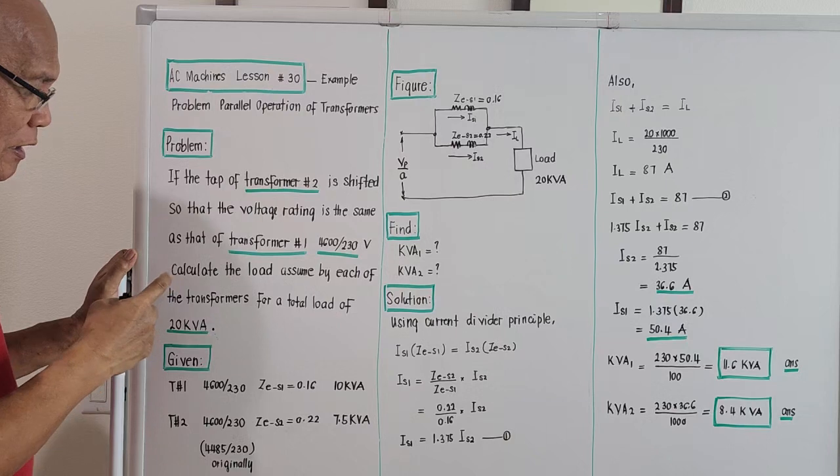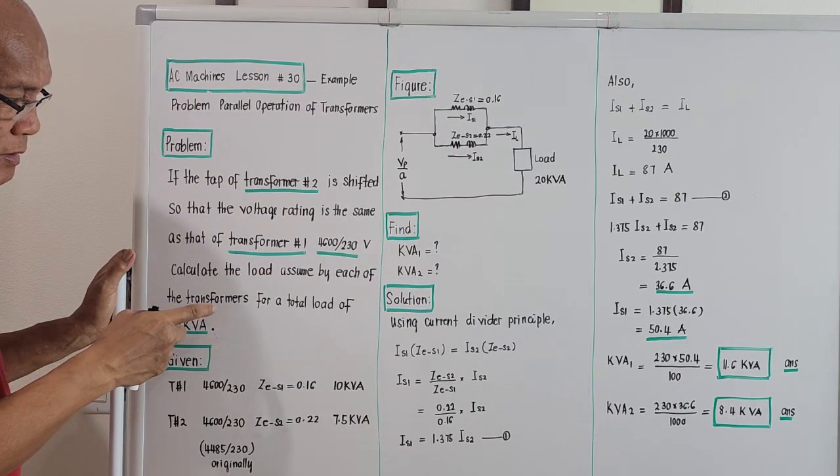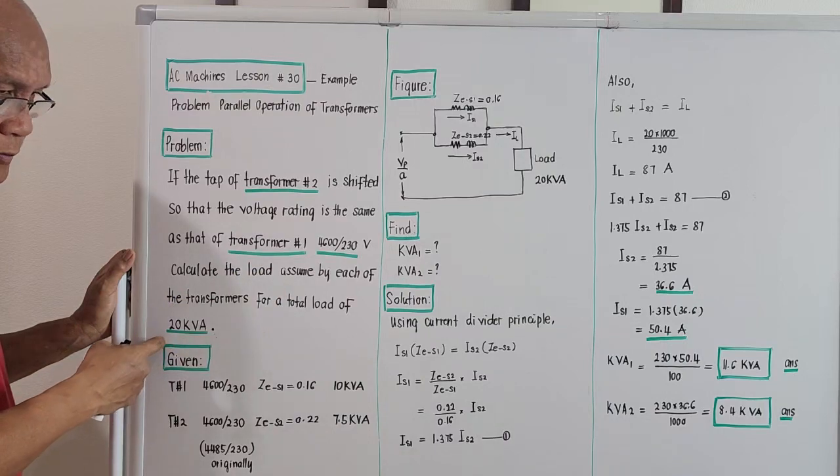Calculate the load assumed by each of the transformers for a total load of 20 kVA.